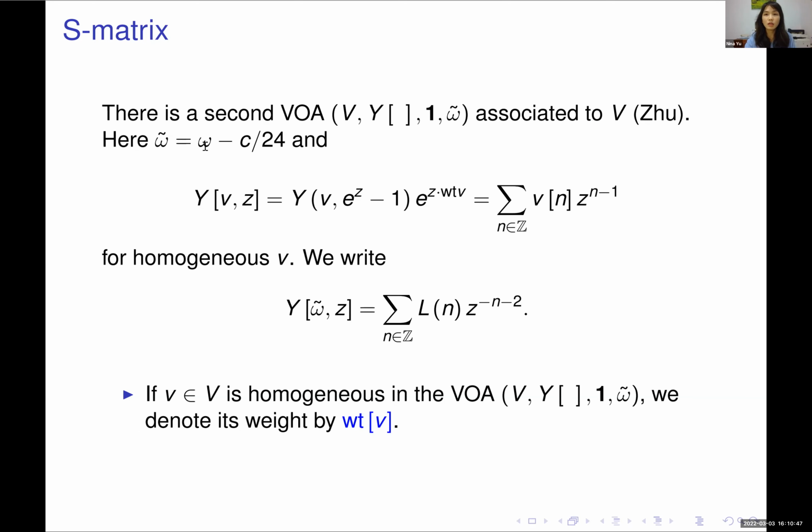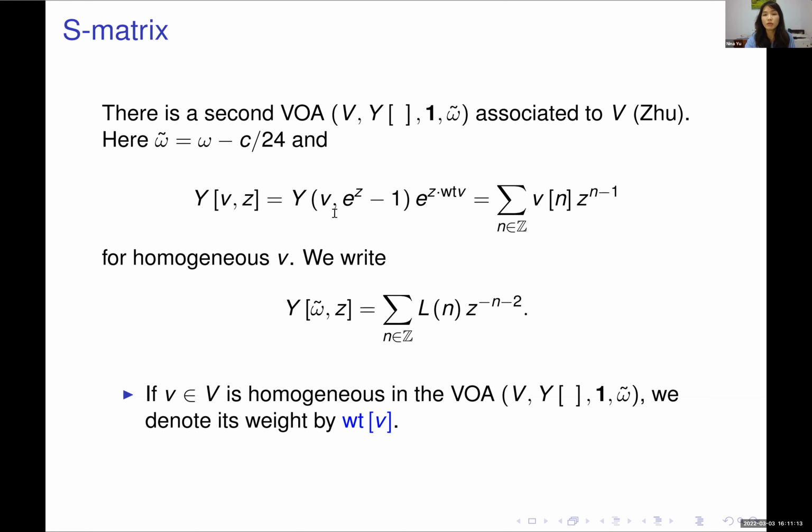Another thing I should mention here is the second VOA structure, which is given in Zhu's paper. So we know that there is a second VOA structure associated to a given VOA. We are going to denote the operator by this bracket notation here, and for the conformal vector omega, we are going to use this notation.